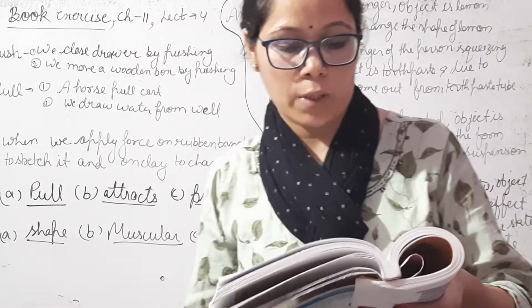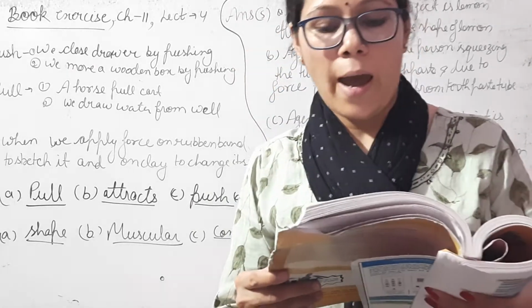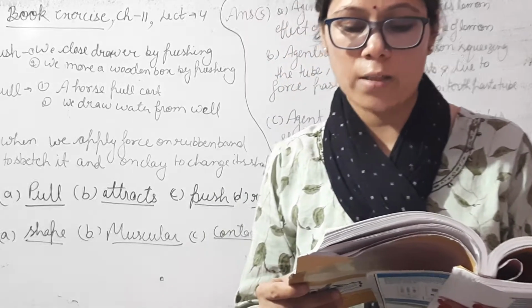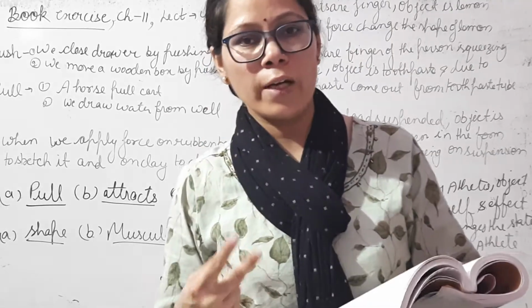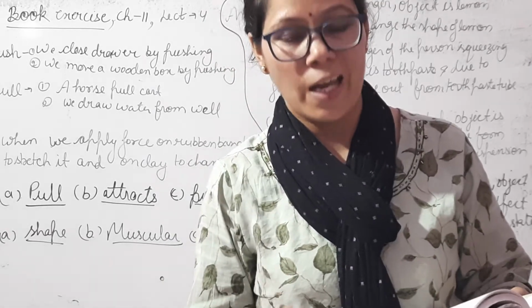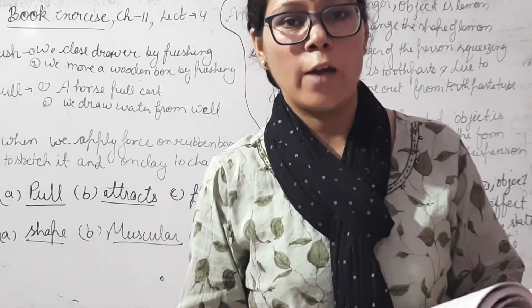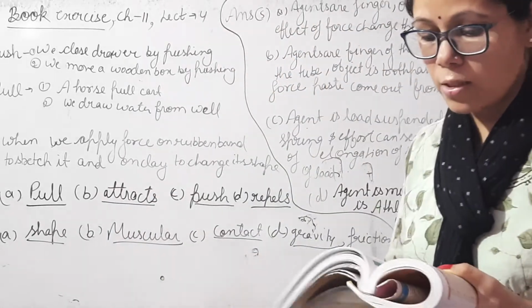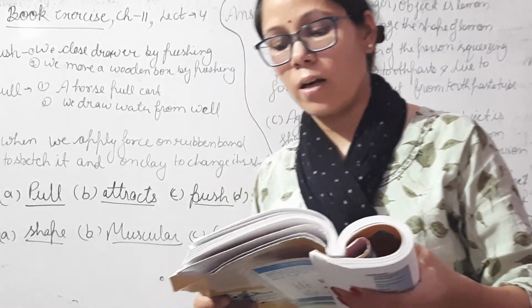Now question number 5. In the following situations, identify the agent exerting the force and the object on which it acts. State the effect of the force in each case. You identify the agent and object. Agent means which does work, and object is on which we do work. First is squeezing a piece of lemon between the fingers to extract its juice.